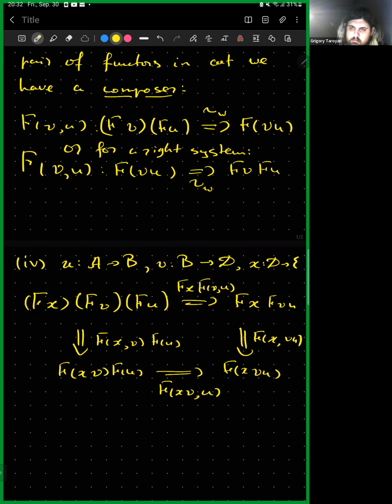Yeah, and if we consider the case of a right cut system, then the diagram goes in the opposite direction.